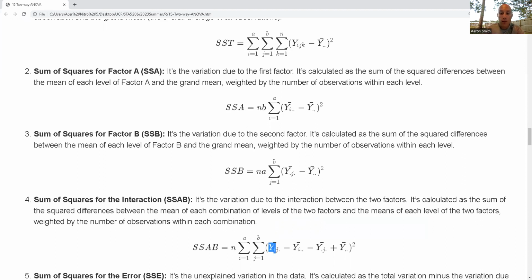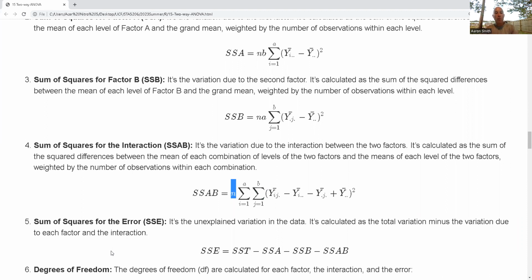So you notice I'm taking the average across each combination of variable A, variable B. I subtract off the average for the respective A value, ignoring the B value, subtract off the average corresponding to the B value, ignoring the A value, and then I add the global overall average. Then I square it, add it up, and multiply by the proper value.